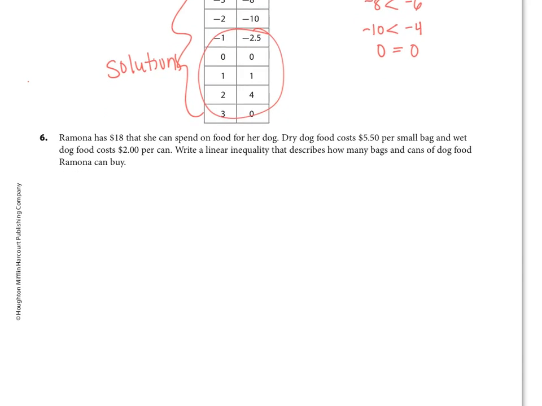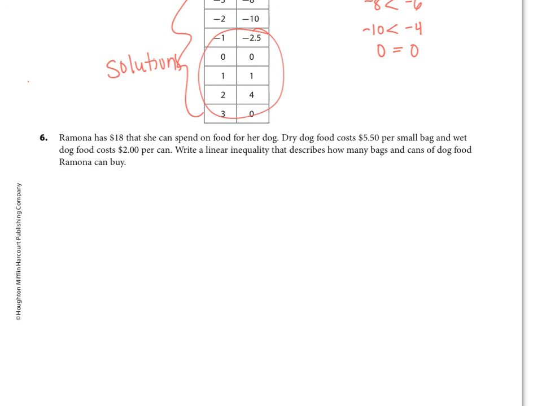Number 6, Ramona has $18 that she can spend on food for her dog. Dry dog food costs $5.50 per small bag, and wet food costs $2 per can. So we're going to write a linear inequality that describes how many bags and cans of dog food Ramona can buy.